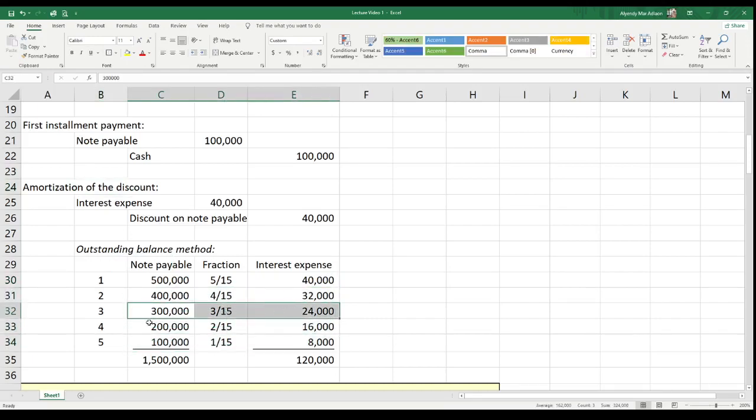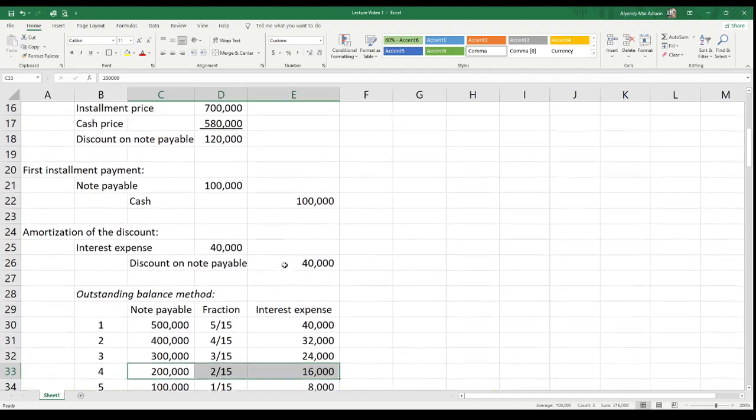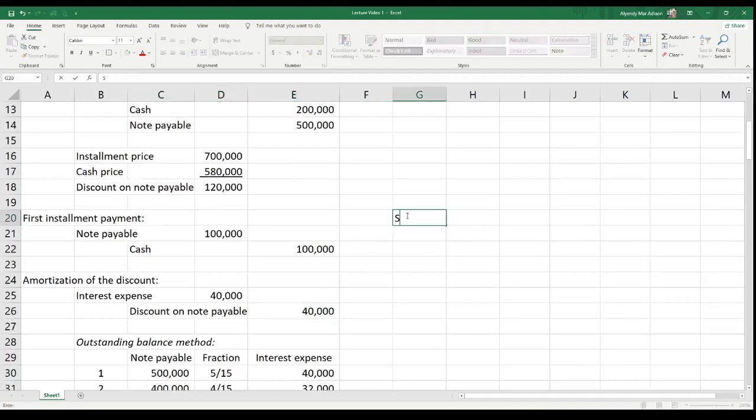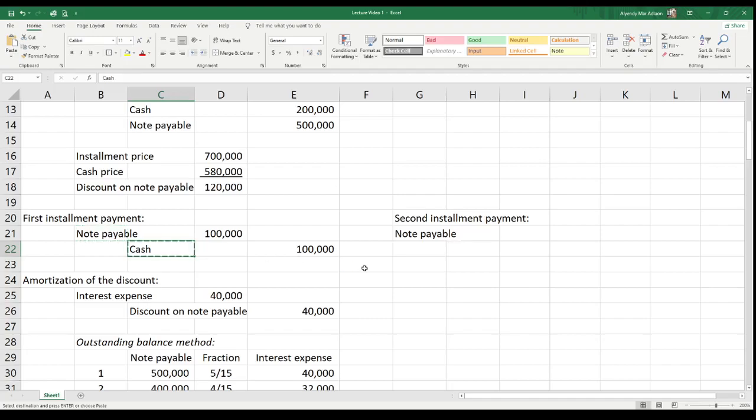Now, class, for the second year, we will use the same fractions for the remaining years. Let's say, for example, this is the second installment payment. Of course, that is still the same: debit note payable, credit cash for 100,000, since it is equal, 100,000 per year.